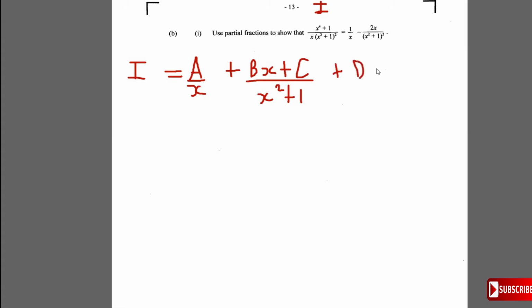So I can be separated in partial fractions as a over x plus (bx plus c) over (x squared plus 1) plus (dx plus e) over (x squared plus 1) all squared.